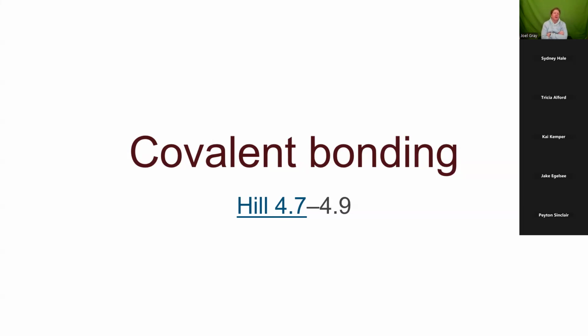Which type of compound? I'm going to add my options up here. I'm going to go with molecular, which I'll label as M, and I for ionic.